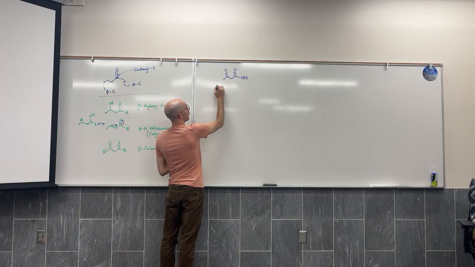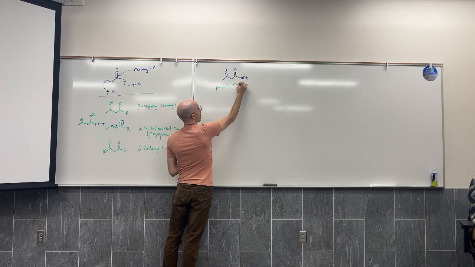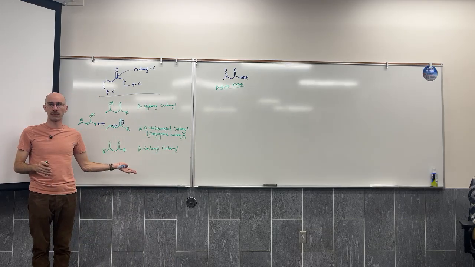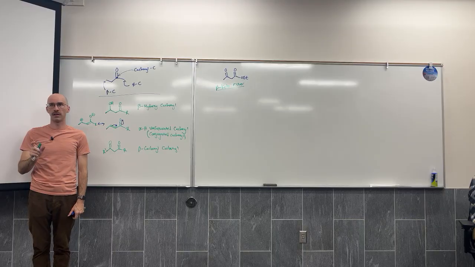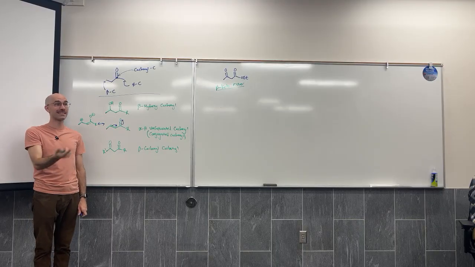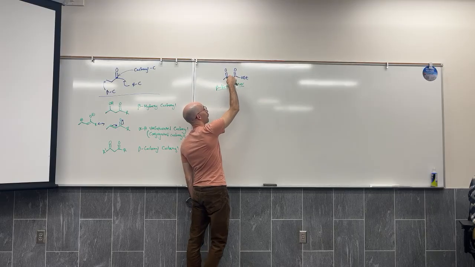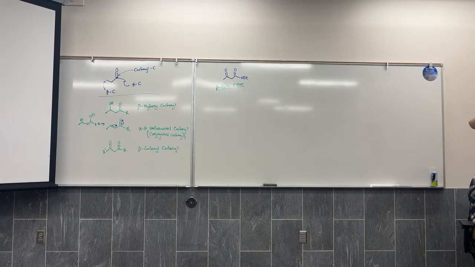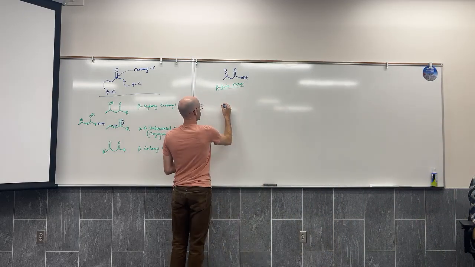Either way, this is considered a beta keto ester because it's a beta carbonyl carbonyl, but specifically, ester is a higher priority functional group, and the ketone is beta to the ester. Here's the ester's carbon, alpha, beta. What is beta to it? The ketone.